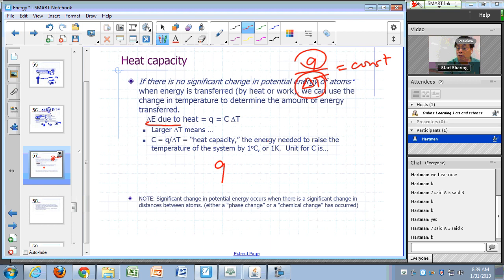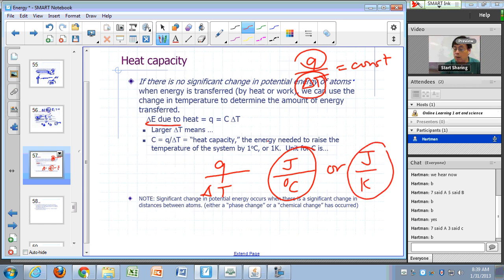Well, what's the unit for Q? Energy, the unit for energy is joules, and the unit for temperature change is degrees Celsius. So the unit for C is joules per degree Celsius or joules per Kelvin. Or you can write it as joules Kelvin to the negative 1.